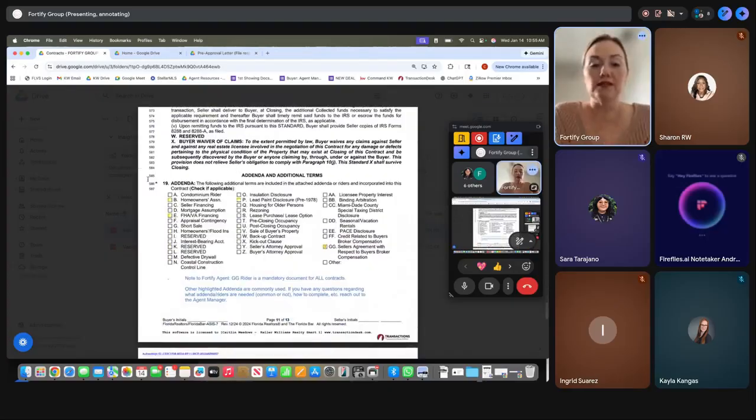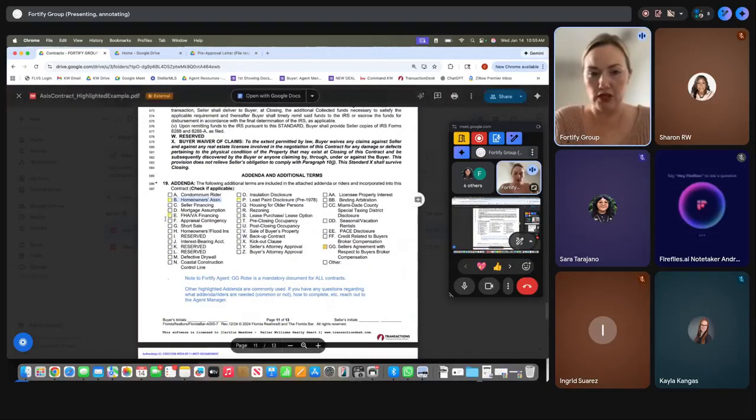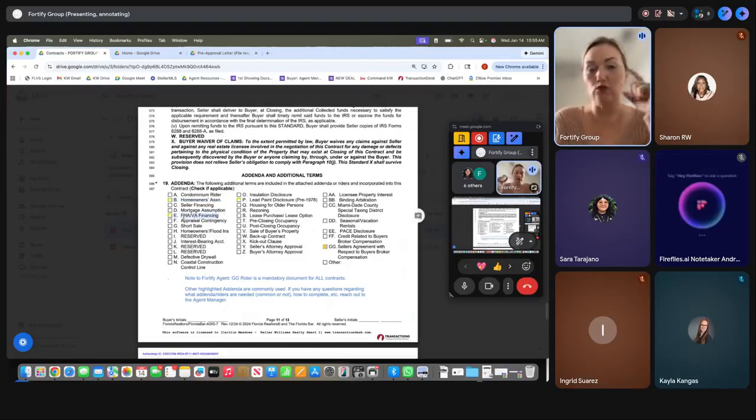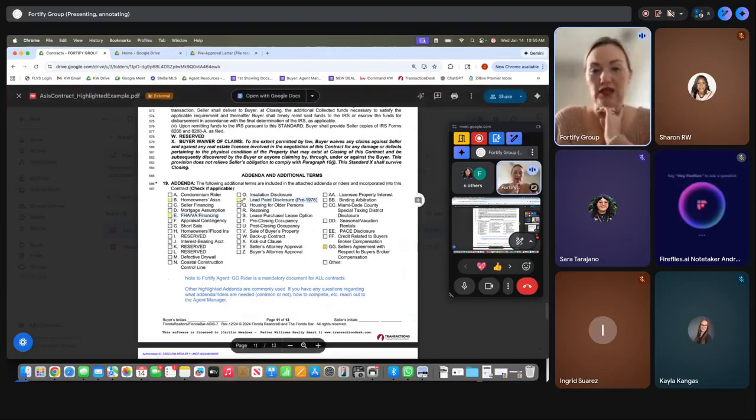Okay, section 19. What's common is B, homeowners association, if the property is in an HOA. If your buyer is using an FHA or a VA loan, then you have to check section E to make that financing rider a part of the contract. If it's older than 1978, you have to check P to make that lead-based paint disclosure a part of the contract.